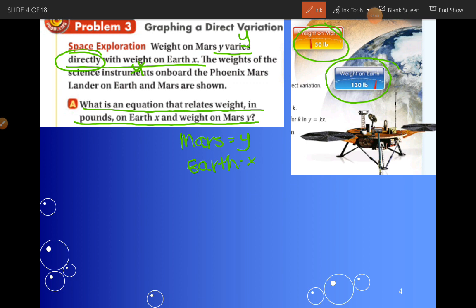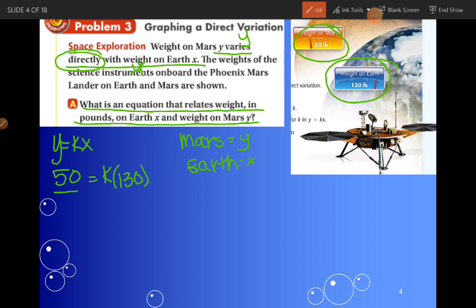Again, we're writing the equation, so we're going to use our first equation, y is equal to kx. Y is the Mars weight, and the Mars weight is going to be 50 pounds. We don't know what k is, and Earth is 130 pounds.